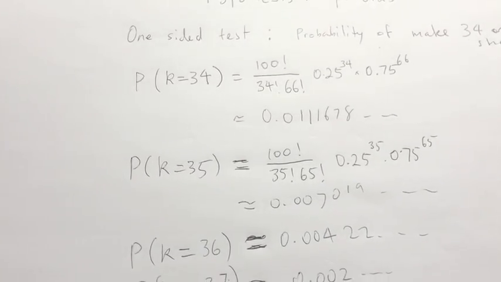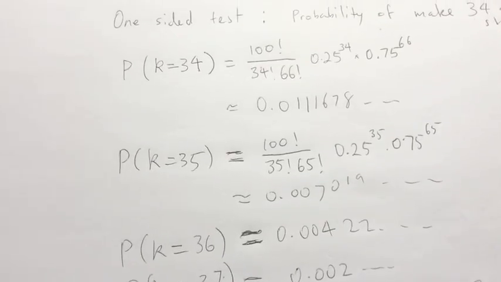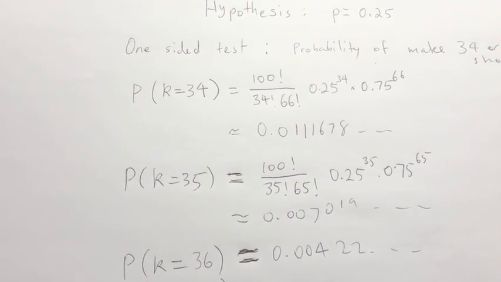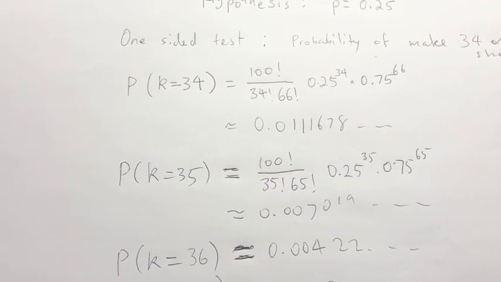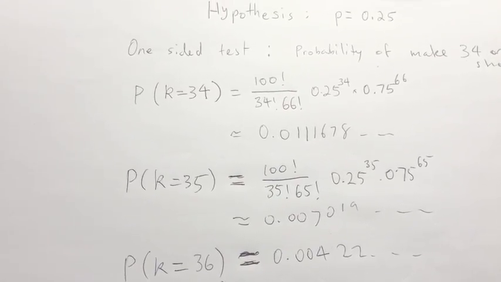So it is definitely significant evidence against the hypothesis that p is 0.25 when the alpha level or significance level is set at 5%.